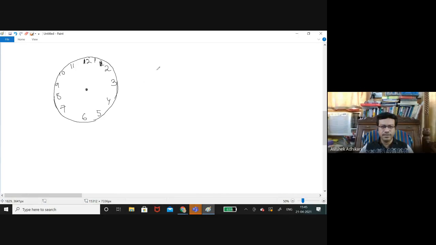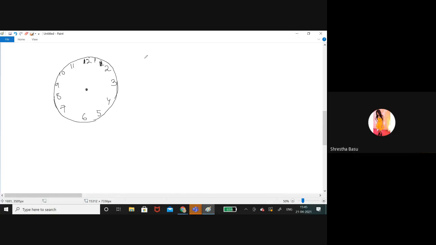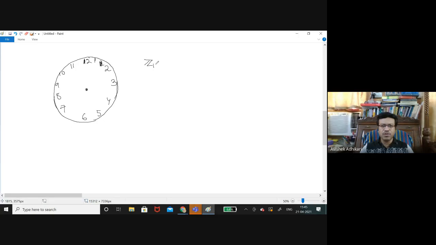Any idea? Somebody says addition modulo 13, but 0 will be included in the clock. Okay, it was a good try, but some better idea.